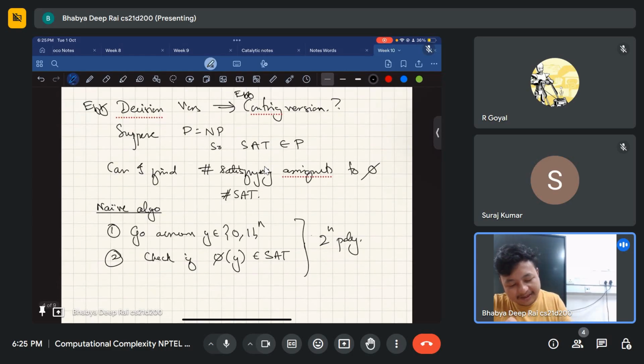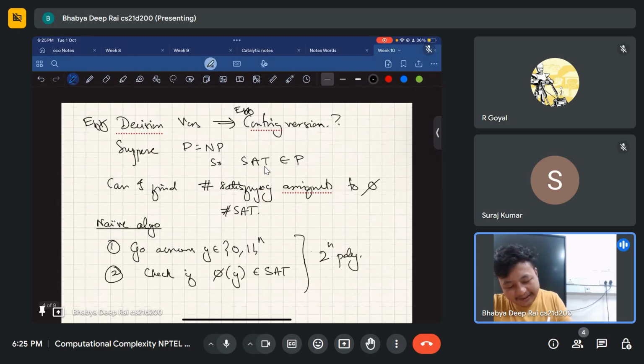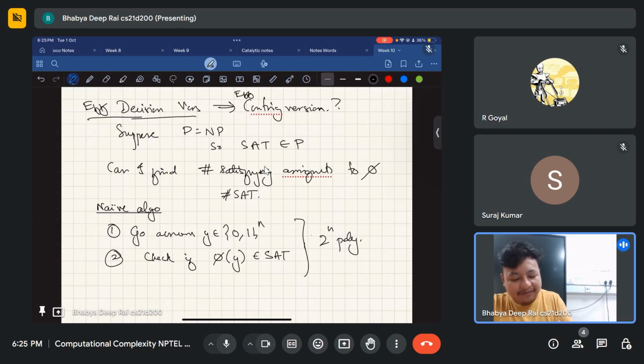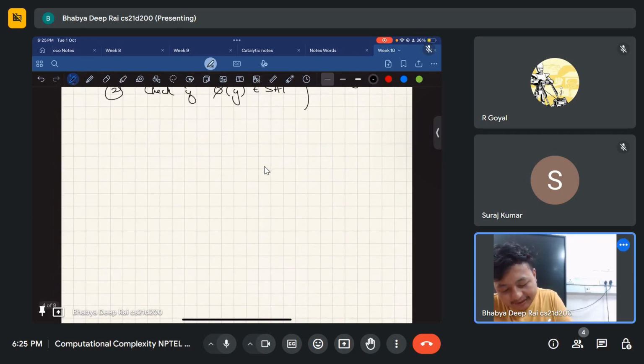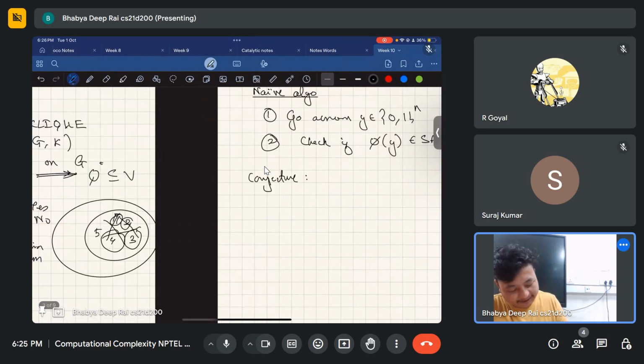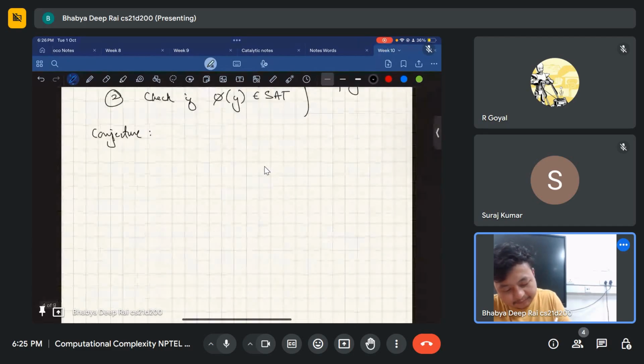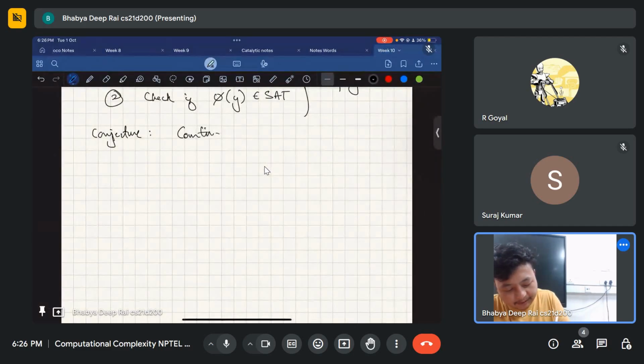So now we have that an efficient decision version may not lead to an efficient counting version. So the conjecture is that the counting version is strictly harder than the decision version.